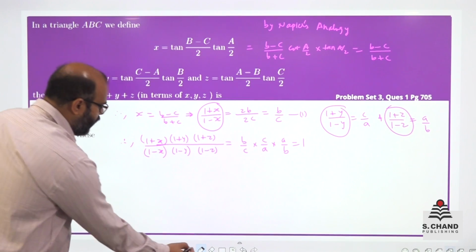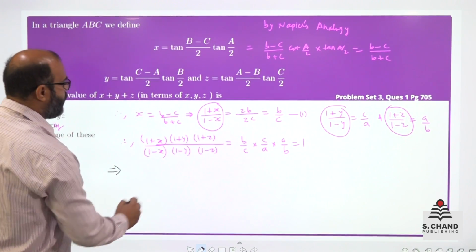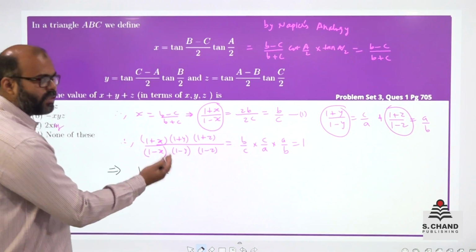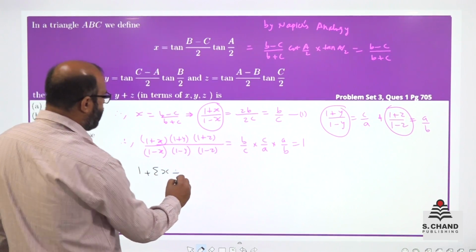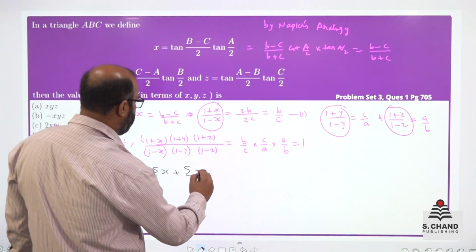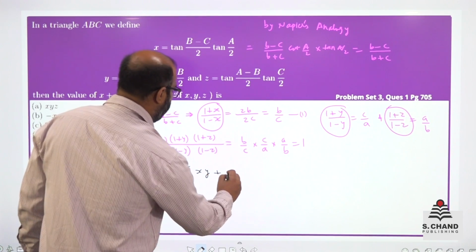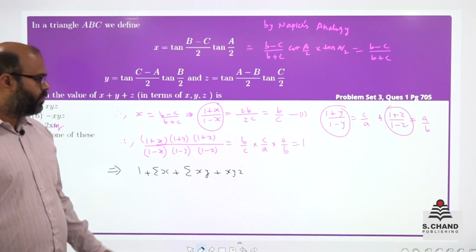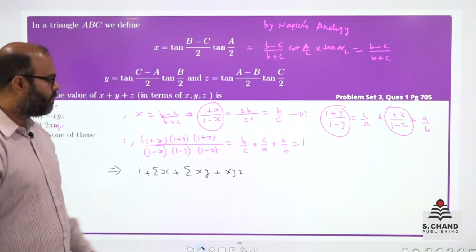And what will happen on the left hand side? On the left hand side, this numerator will be actually 1 plus sigma of x in the cyclic order, x plus y plus z. Then you will get xy plus yz plus zx, which you can write short as sigma of xy. Then you will get xyz, one term. So 8 terms will be there, 2 into 2 into 2, 8 terms, 1, 3 from here, 3 from here, and then 1 here.